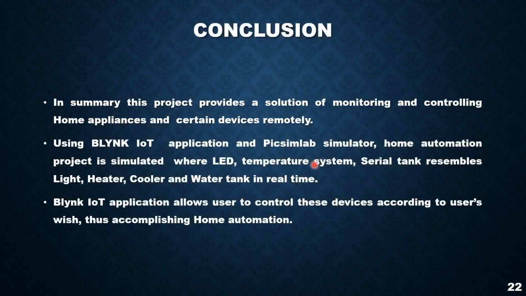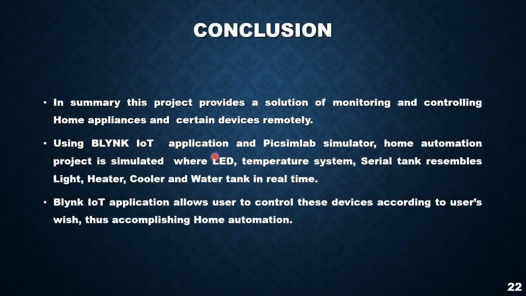This is the conclusion we have arrived at. In summary, this project provides a solution of monitoring and controlling the home appliances and certain devices remotely, which is a solution offered for the problem statement we had in our hand.